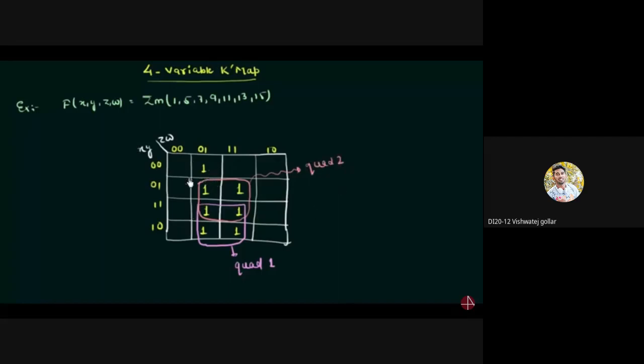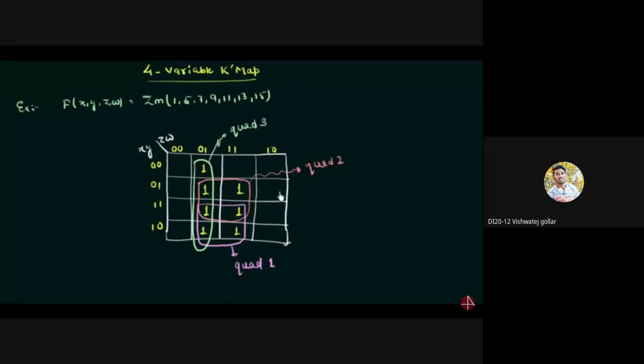Now this one is left, and it is the only one which is left. So I can make a group of these 4 ones to include this one, and we will name it quad 3.